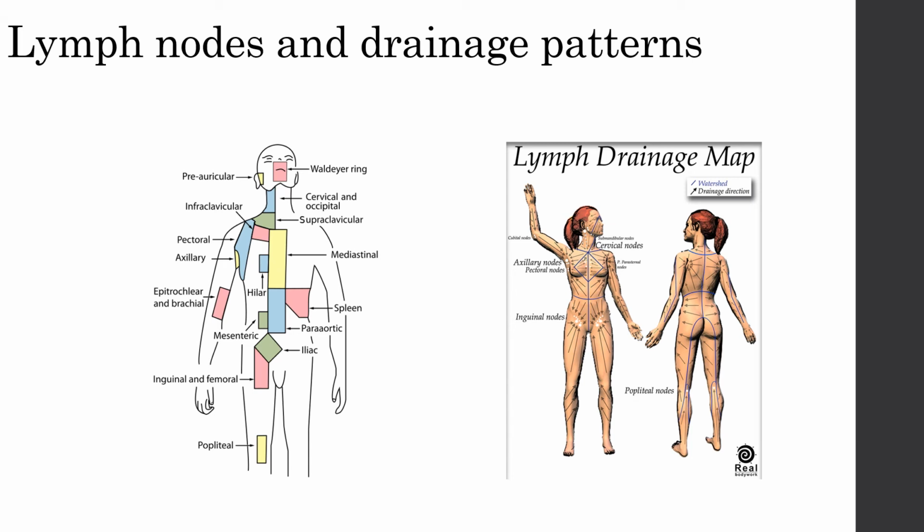The picture over here on the right shows a drainage map that indicates that below the knee, lymph drains pretty much to the popliteal nodes. Above the knee, it drains pretty much to the inguinal nodes.